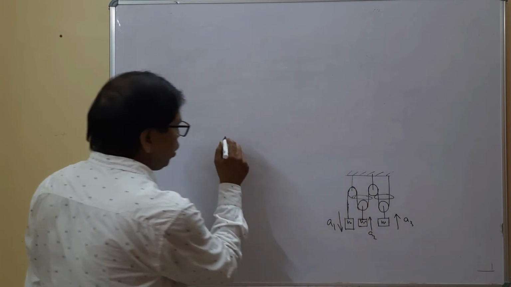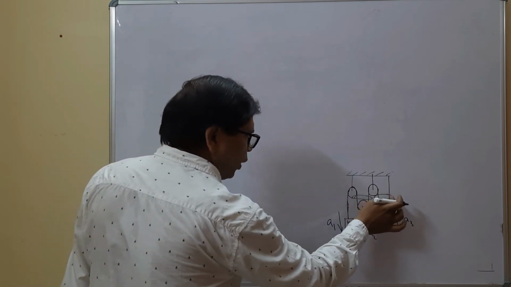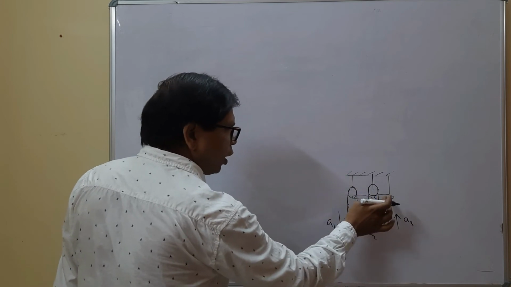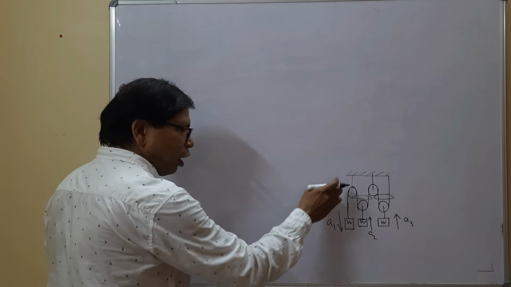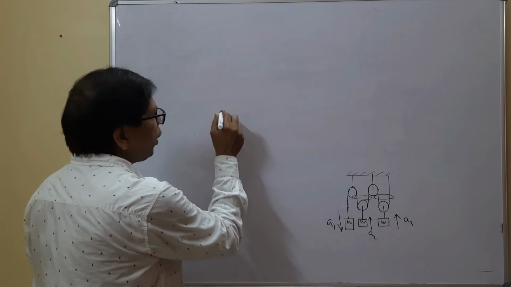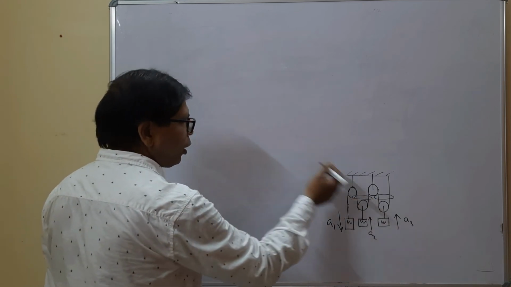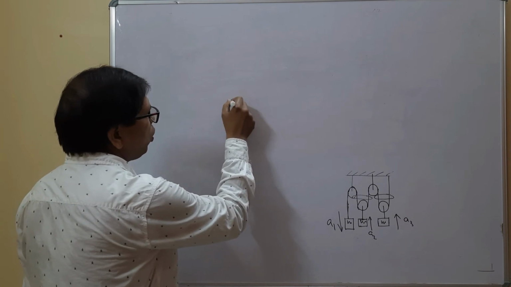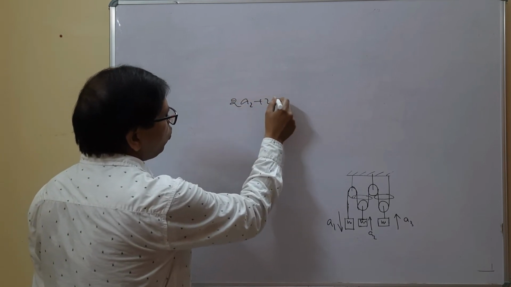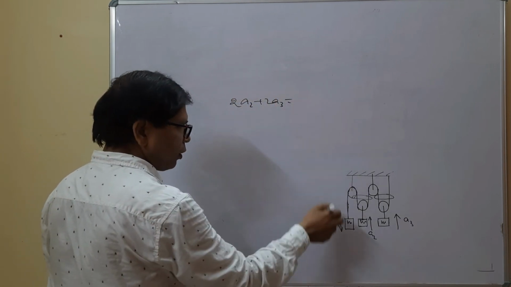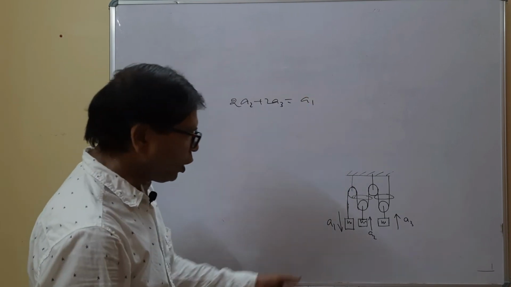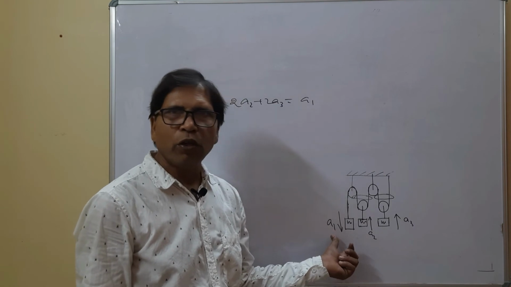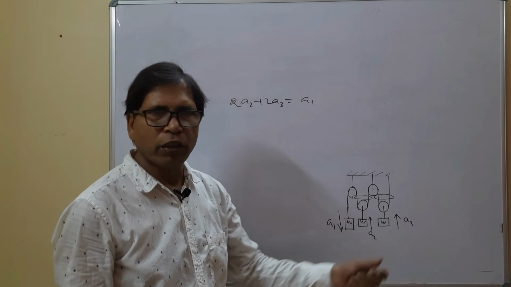The sum of the decrease of length in these strings is equal to the increase of length here. So 2a2 plus 2a3 equal to the increase of length, which is a1. So the constraint relation is a1 equal to 2a2 plus 2a3.